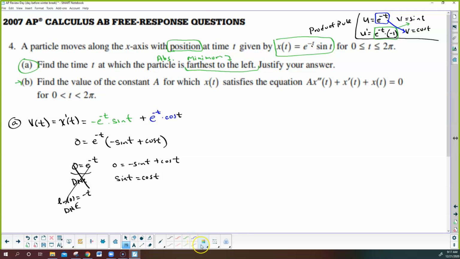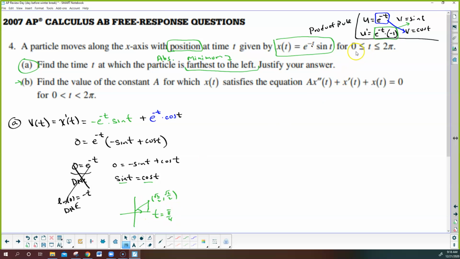But I was talking with Miss Hires, and she's like, well, why don't we just think of the unit circle, right? On the unit circle, when is sine and cosine the same value? That was the square root 2 over 2. So when are they both positive and exactly the same? That's at pi over 4.